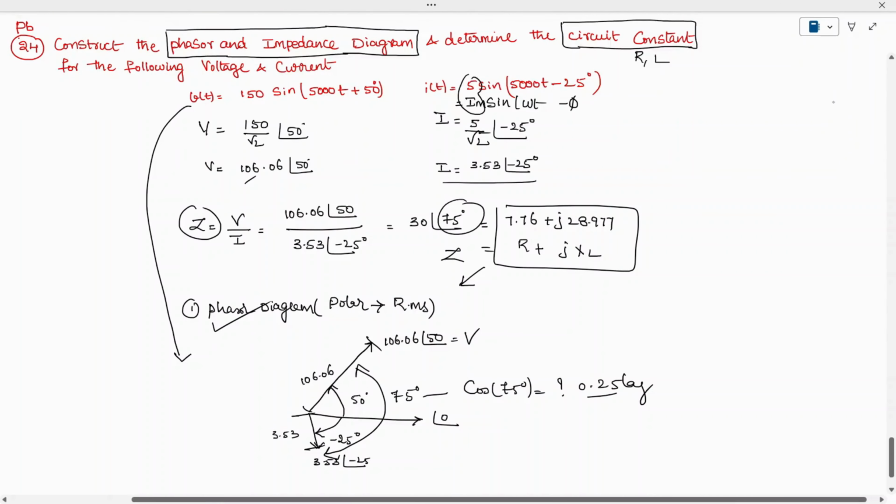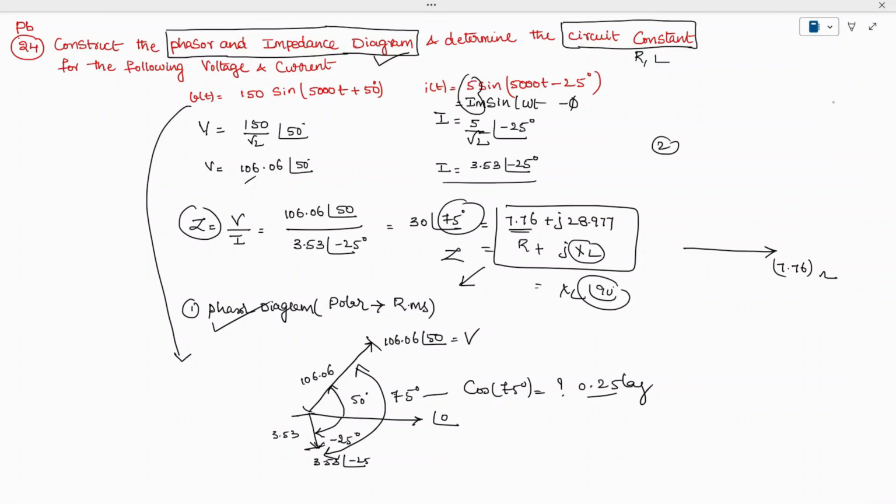Next, the question asks to draw the impedance diagram. How to draw it: this is R. We construct R, which is 7.76 ohms, in this direction. Then XL is at an angle of plus 90, so it travels in this direction with magnitude j28.977.